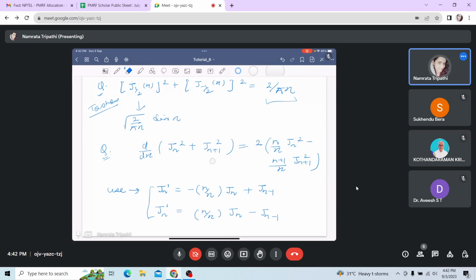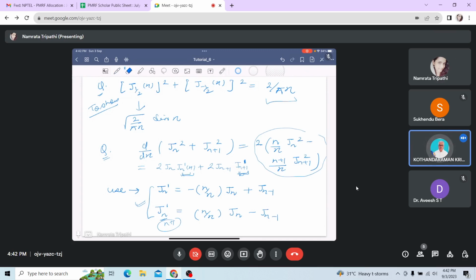What will be the derivative of this expression? Can we write it as 2 zn dash of x plus 2 zn plus 1 zn plus 1 dash. Now you can use these values with the help of this expression. You can replace n is equals to n plus 1 and put the value here, and after simplification you will get the expression. Put the value and get the answer.